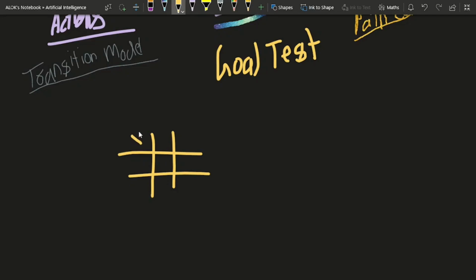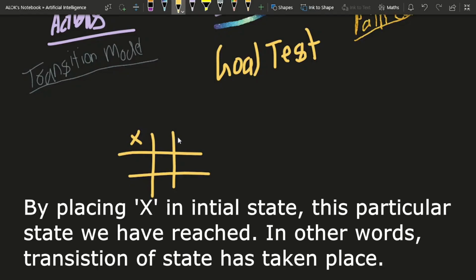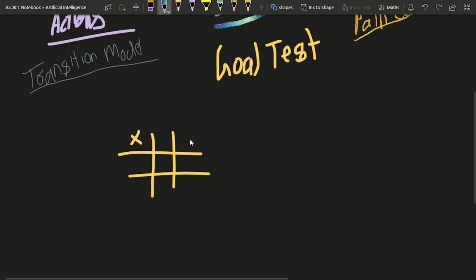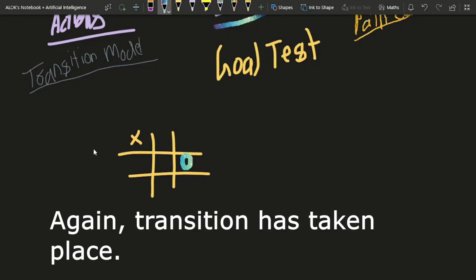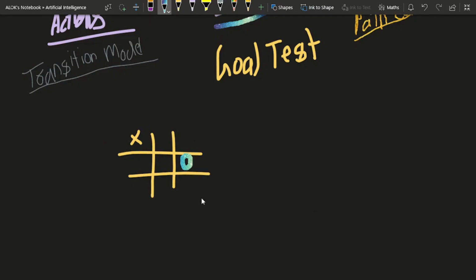If I put an X over here by taking this action, this particular state has resulted from the initial state. Again, if I take another action, O can take an action over here, or over here. So after taking an action over here, O, again, it has resulted in a different state. So that's what the transition model does. It provides a description of what result we can get by taking an action in a particular state.